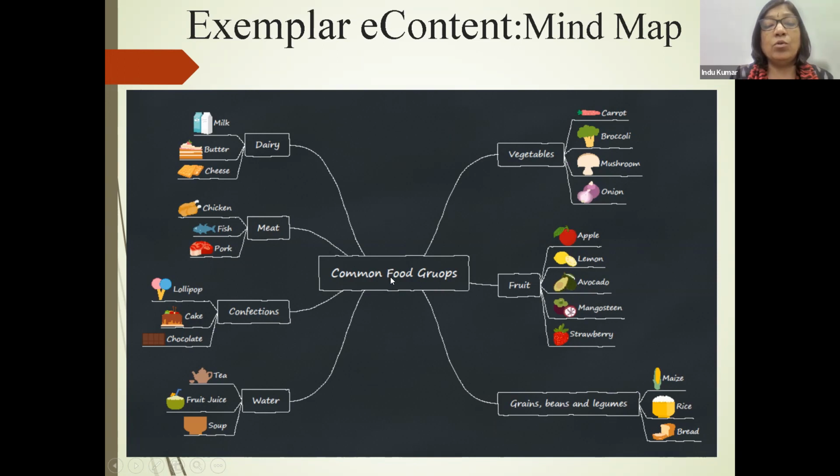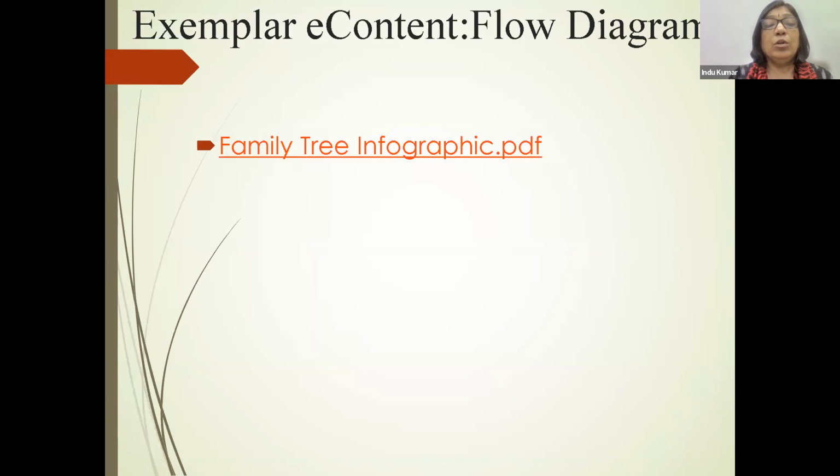When you click on the common food groups icon, you will get these 7 categories. If you click on the categories one by one, items linked to that category will open up. Like that, your mind map unfolds, and you can take the learning forward using it.